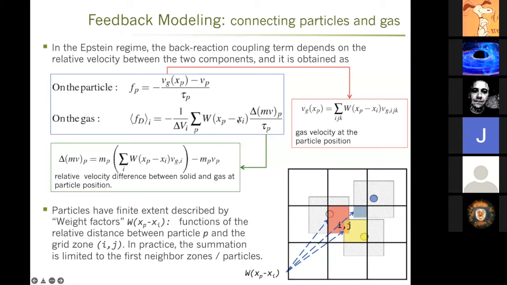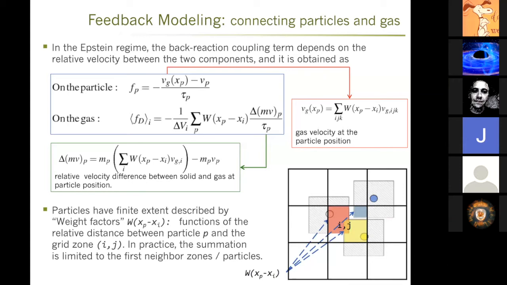And then at this point, this is how we feed the particles. And this is actually done also the other way. So we use this weighting factor for a fluid cell to feed the particles, but we also use the weighting factor for a grid cell to be felt by the particle.